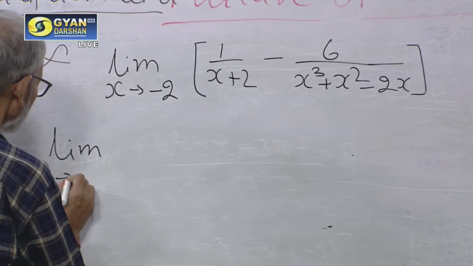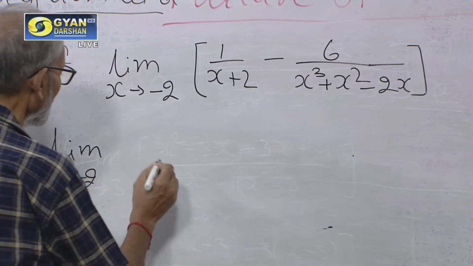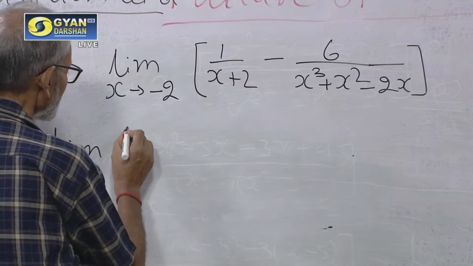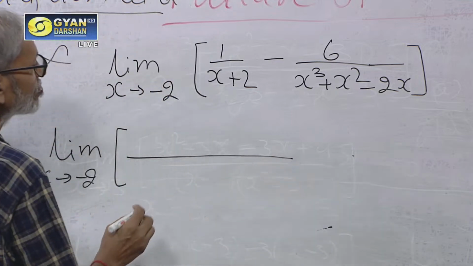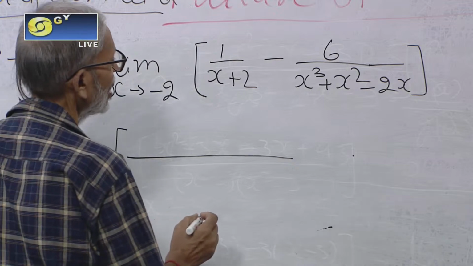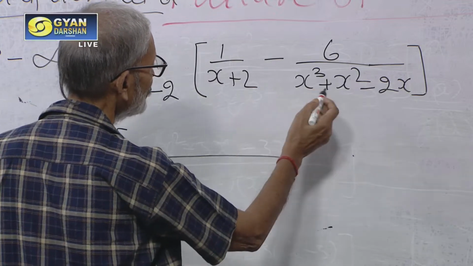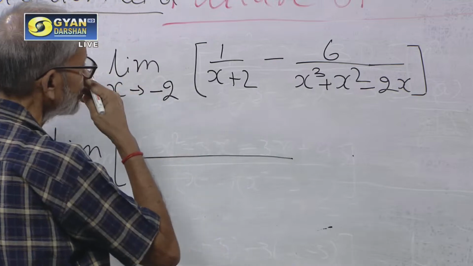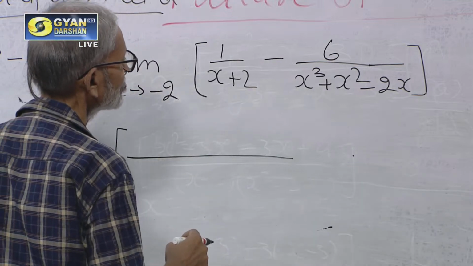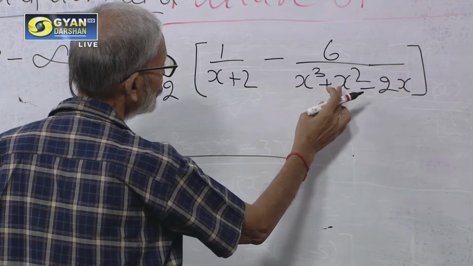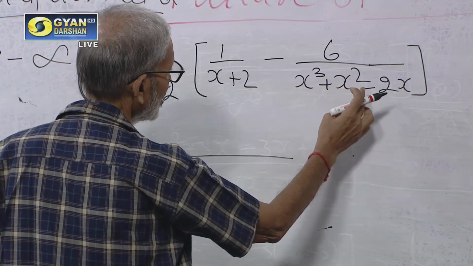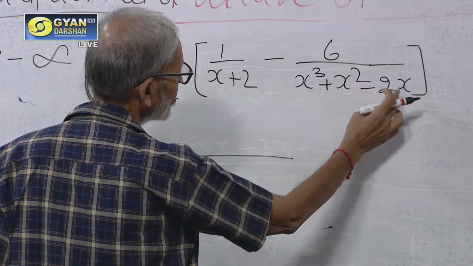Limit x tends to minus 2, and x plus 2 will be a factor of this also. So we can write this as x cube plus 2x square minus x square minus 2x.